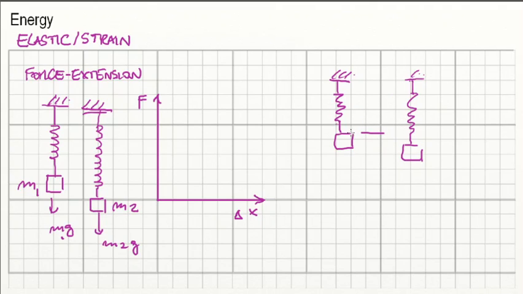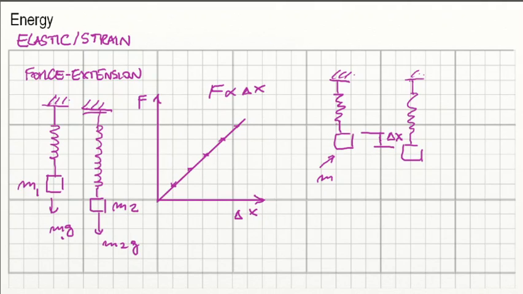So for example, from the top of the block now to the top of the block right there, that's your extension. You add more mass and measure the extension, add more mass, measure the extension, and then you plot a graph. And usually it's a nice straight line going through the origin, because those two are proportional.